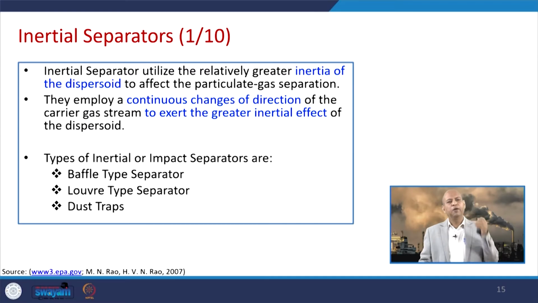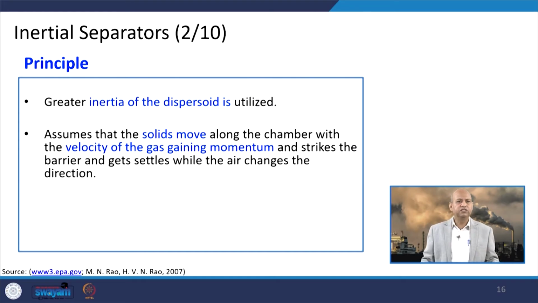So, the types of inertial or impact separators can be baffle type separators, louver type separators, or dust traps. So, we will see the principle, basically the inertia related one.